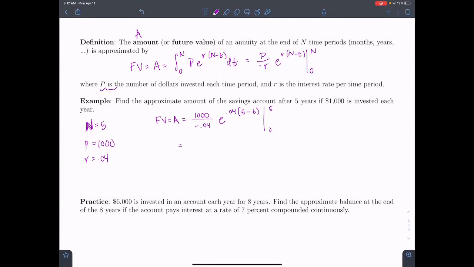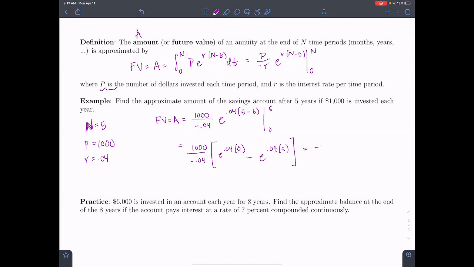When you plug in, we take the 1,000 over negative 0.04 out and plug in 5 first. So e to the 0.04 times (5 minus 5), which is e to the 0, minus e to the 0.04 times 5, because 5 minus 0 is 5.